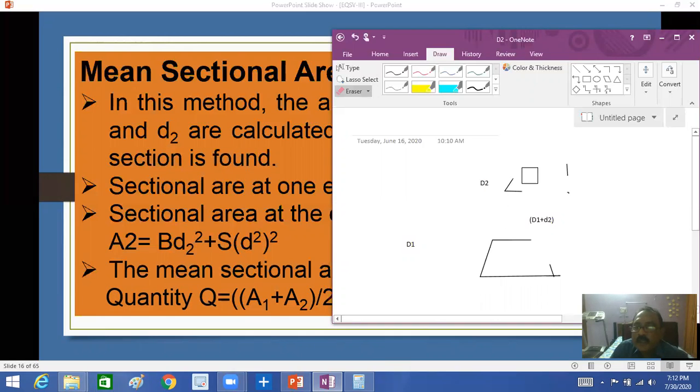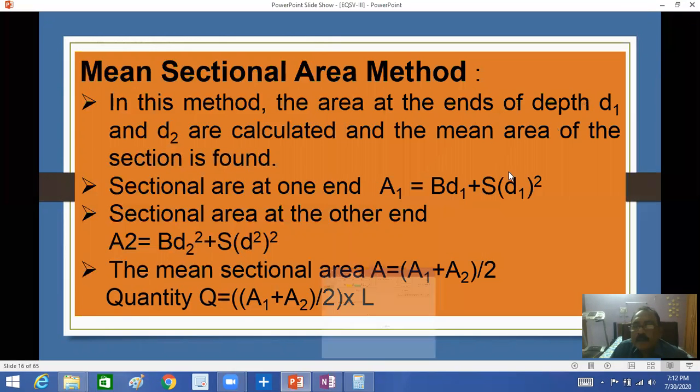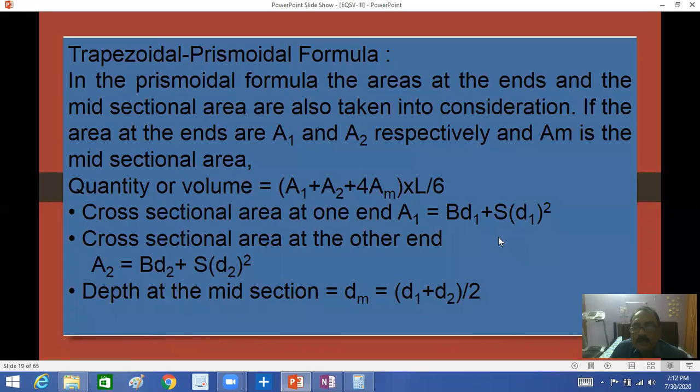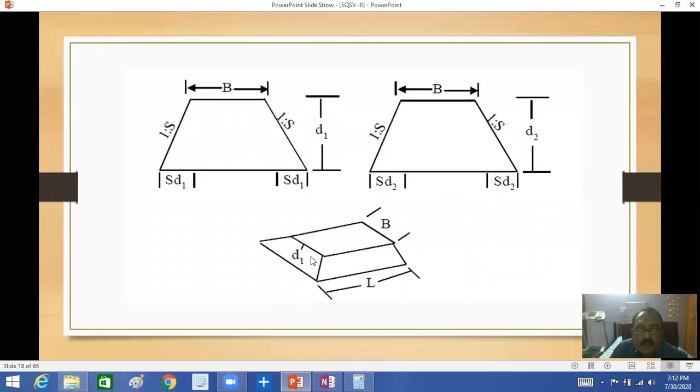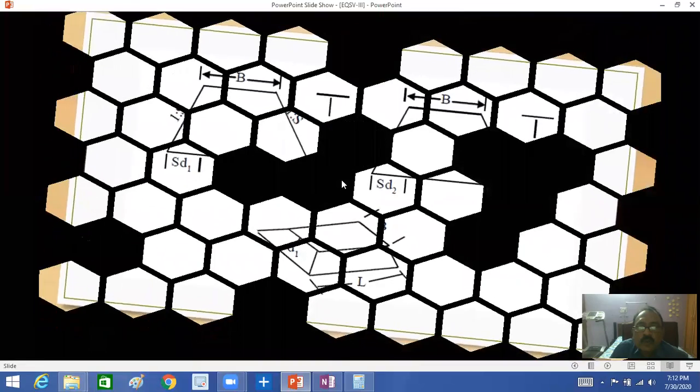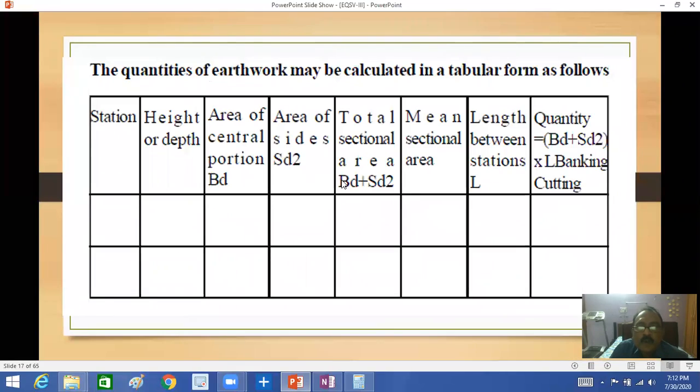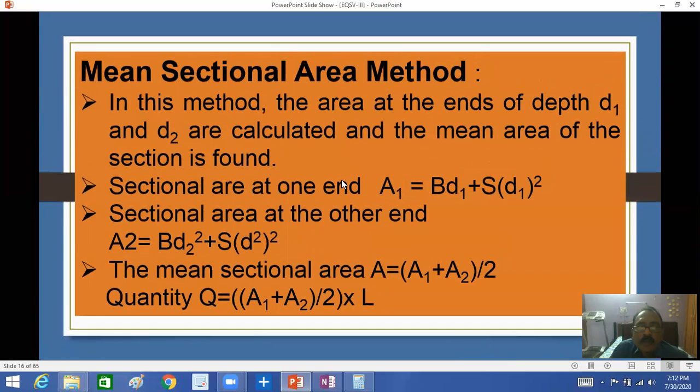So this is the area of the other section and the area of one section. This you have to calculate. I will explain in this figure. Say this one, this area at one edge, this area at the other edge. So average, this area you have to calculate, this area you have to calculate. Average of these two is known as mean sectional area.